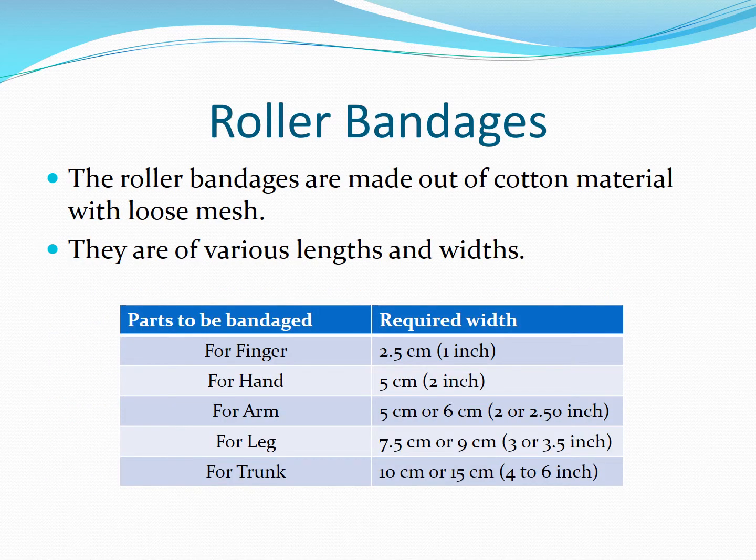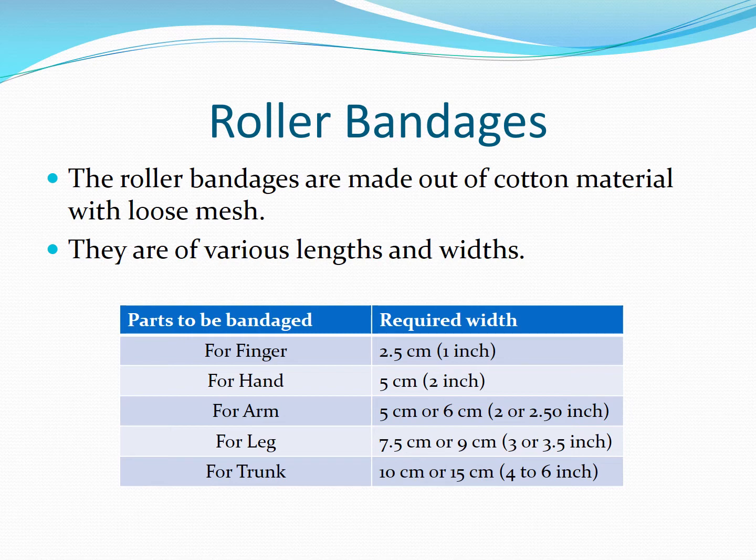Roller bandages. The roller bandages are made out of cotton material with loose mesh. They are of various lengths and widths. Parts to be bandaged, required width. For finger, 2.5 centimeter, that is 1 inch. For hand, 5 centimeter, 2 inch.